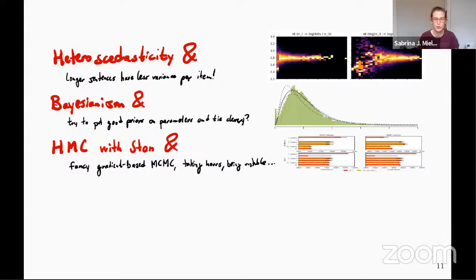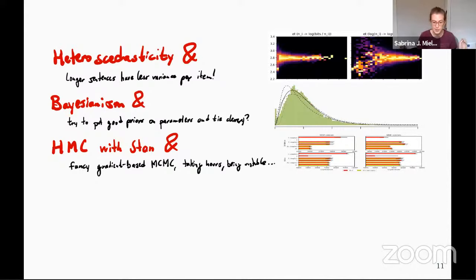If you know MCMC, you know that it's kind of slow and nasty, but it turns out you can make it a lot faster and more efficient if you have a model that has gradients. So that's what Hamiltonian Monte Carlo is. These days it's become very popular in machine learning to use stochastic gradient Langevin dynamics, which is basically HMC simplified. So yeah, it's definitely a thing people like to do.